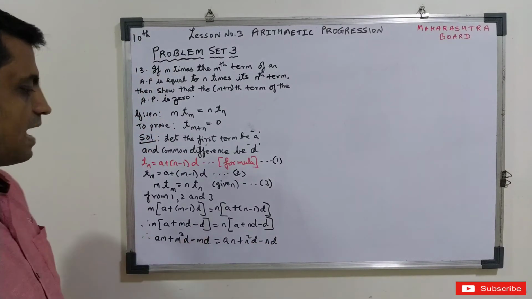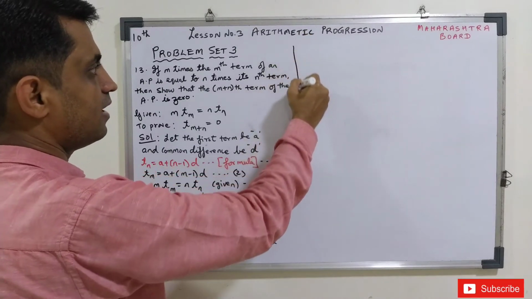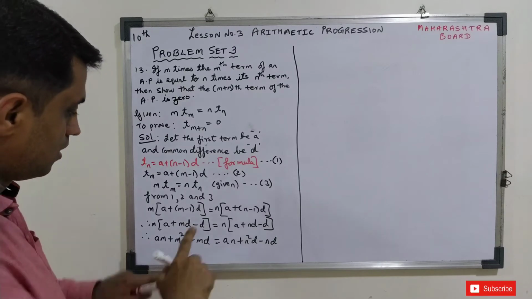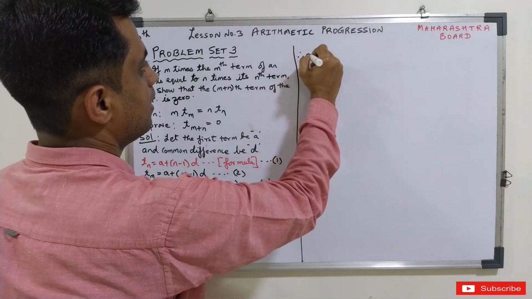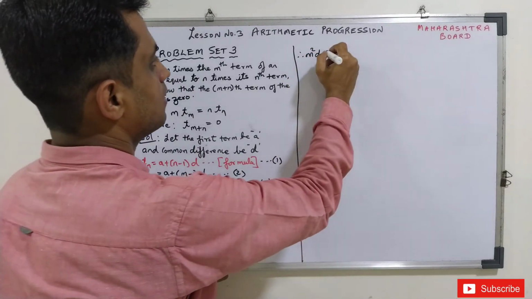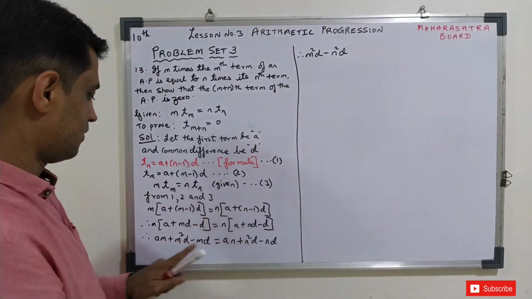So we have multiplied m and n inside. After this, how we had done in the previous sum, same way we are going to rearrange here also. So this m square d we are writing here, and take this side. So m first, n later on.